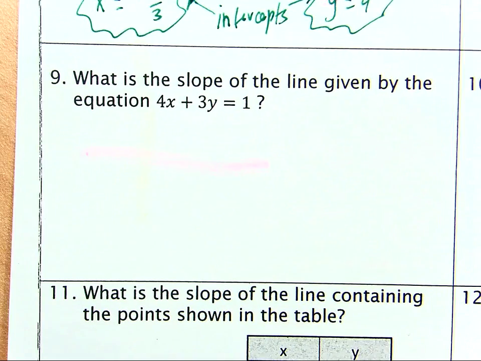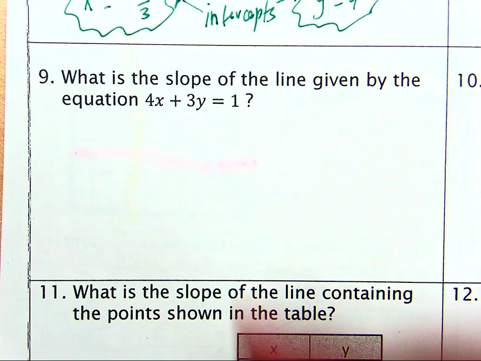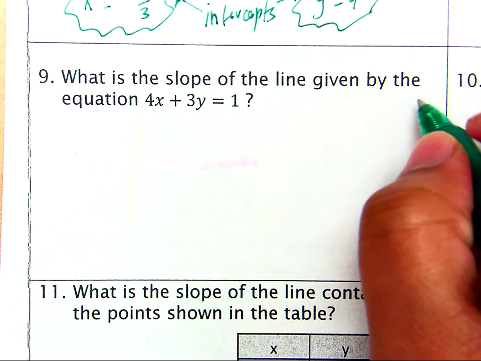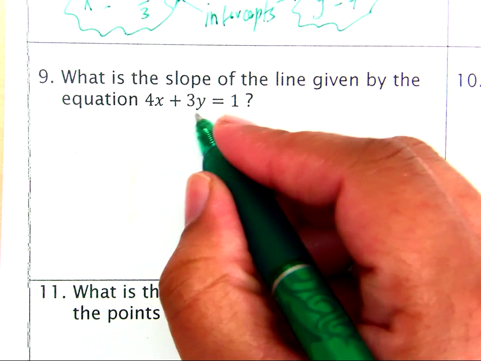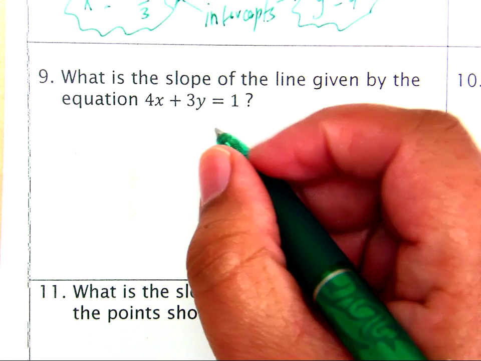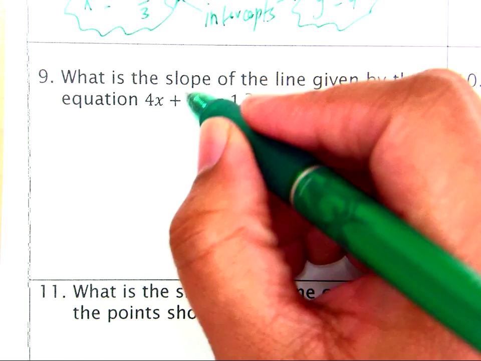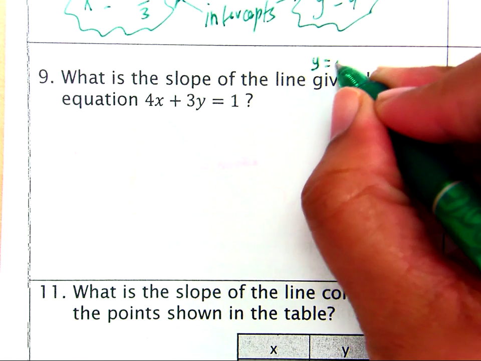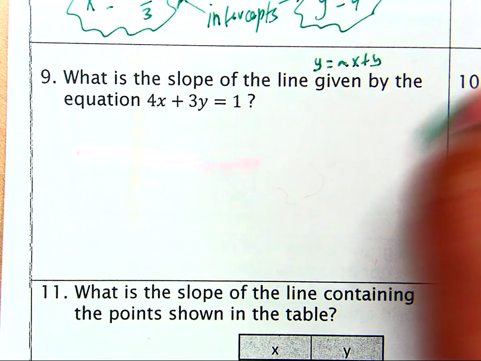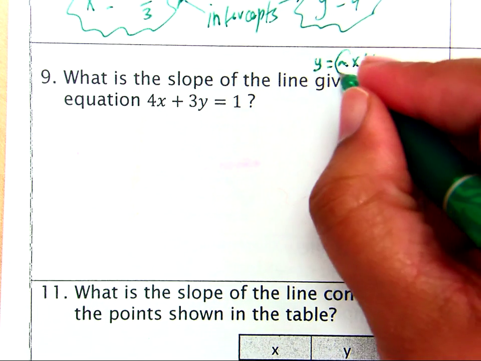Number 9. What is the slope of a line given by the equation 4x plus 3y equals 1? Well, in order to find that, you have to remember y equals mx plus b, where m is our slope.